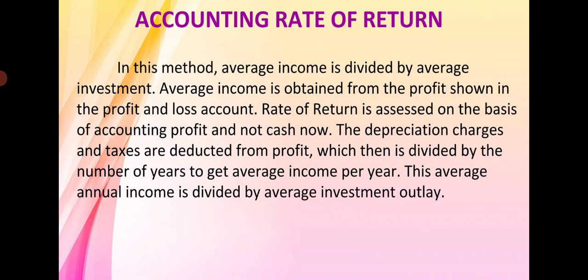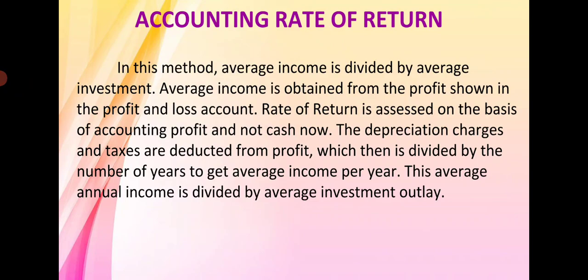So again, the average of investment and the average of income are going to be analyzed in this particular formula. The formula of accounting rate of return is average annual profit after tax divided by average investment.